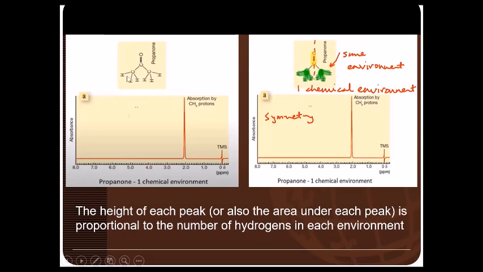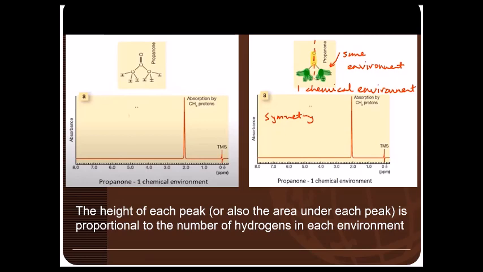But because both these CH3s are bonded to the same carbon environment, that means these CH3 groups are in the same chemical environment. When they're identified by the NMR machine, they're considered the same chemical environment. So they're not different in your NMR machine.